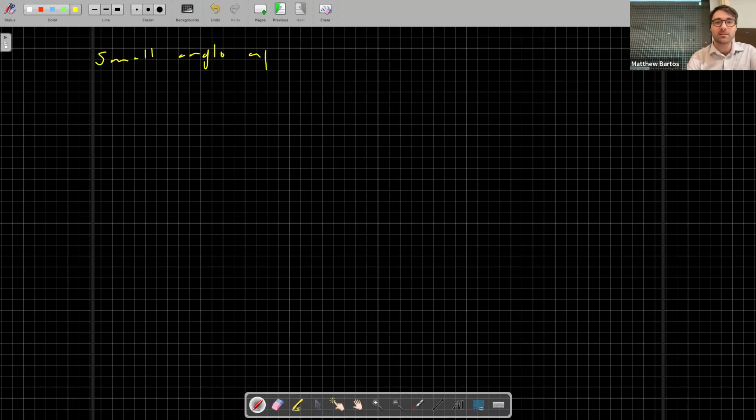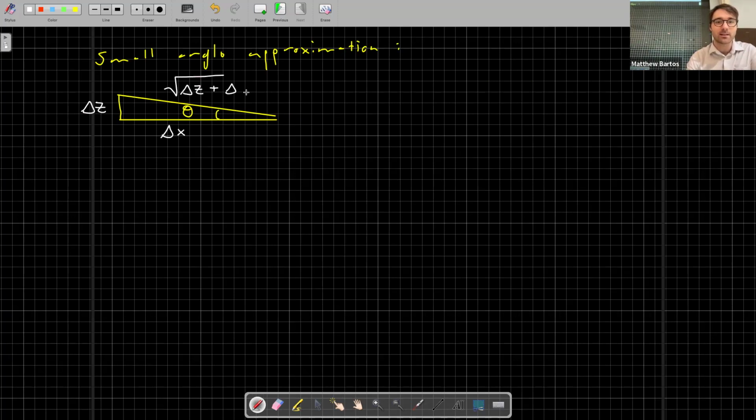Basically, this states that for a small enough angle theta, let's say we have a triangle like this, with some angle theta, this leg equal to delta z, this leg equal to delta x, and the hypotenuse equal to the square root of delta z squared plus delta x squared.